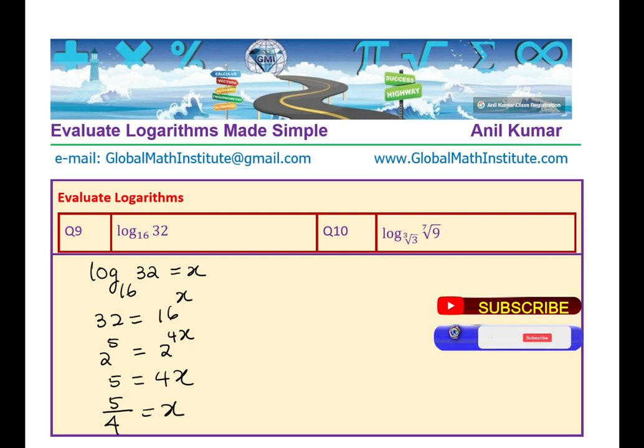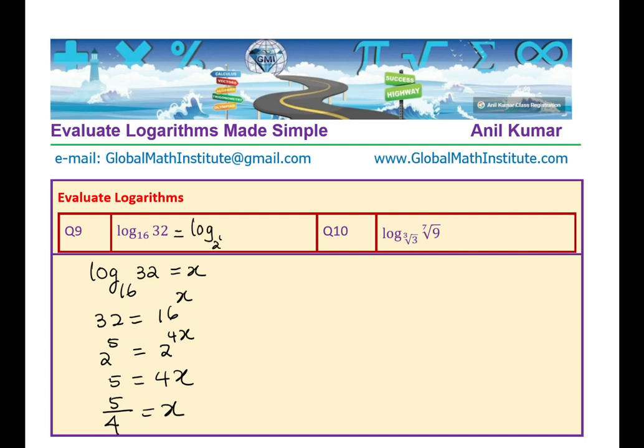Now see, we also teach a shortcut method. How do we get this answer? We can rewrite the given expression as log to the base 2 to the power of 4, right? That is 16. And we are finding 2 to the power of 5. Do you see that? And if you see the answer, it is 5 over 4. You got the answer. So this is the shortcut method.